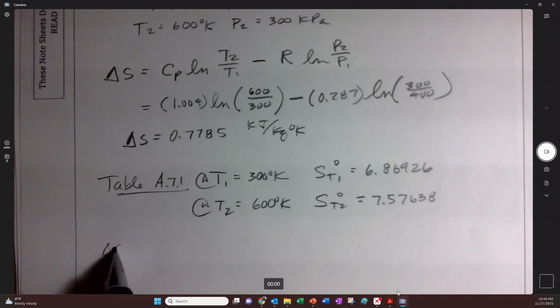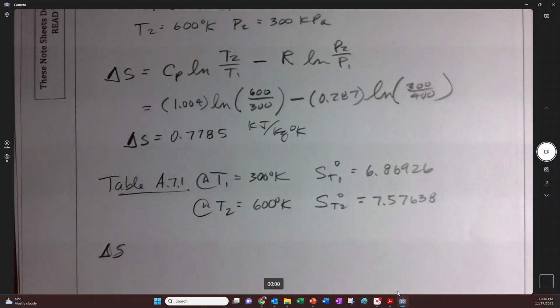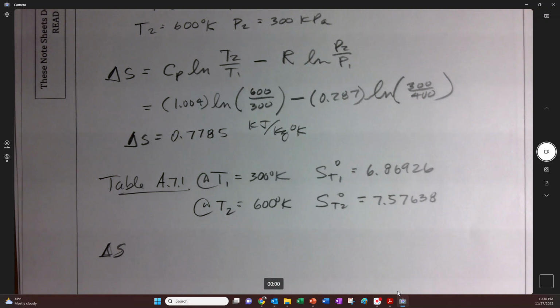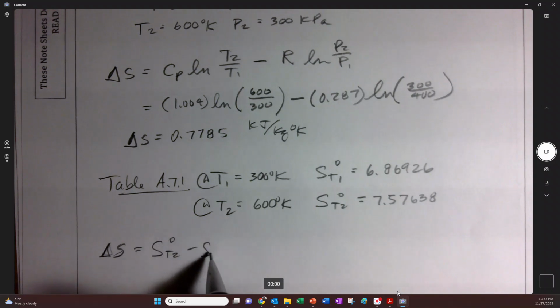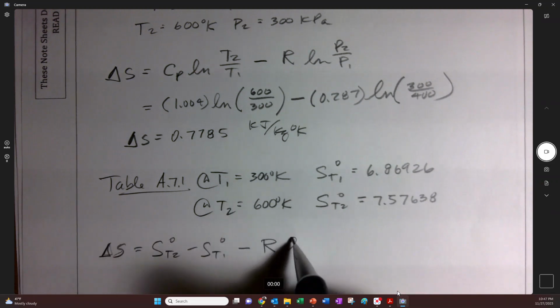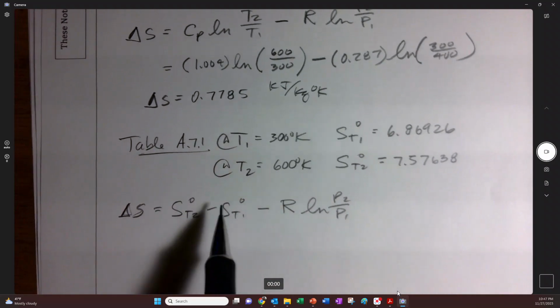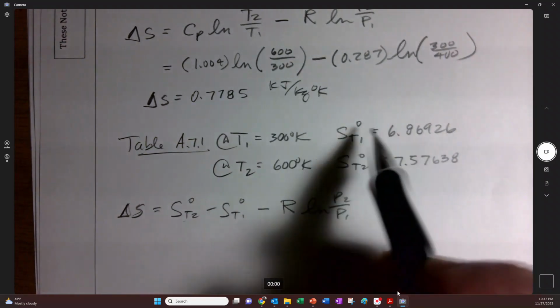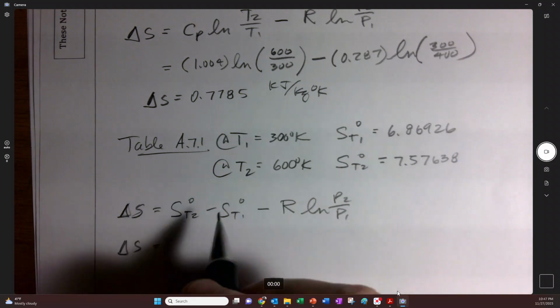So the delta S through the standard entropy method is going to be equal to ST2 minus ST1 minus R ln P2 over P1. Truth be told, I never remember ever doing this before in my life, but it's interesting how it works.